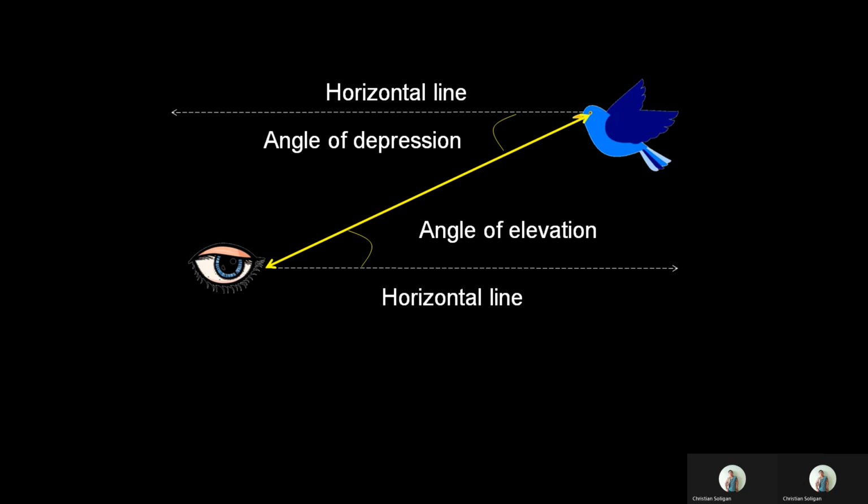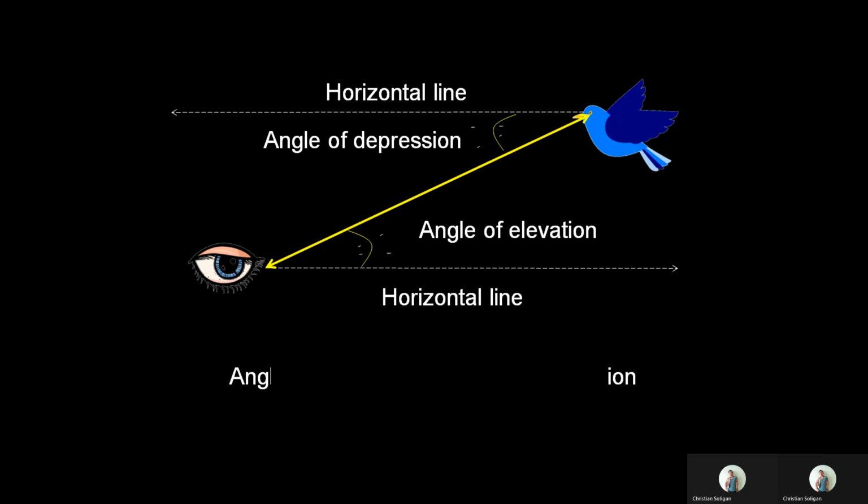Note that both horizontal lines are parallel with each other, and they are cut by this imaginary line called the line of sight. And in geometry, if there are two parallel lines cut by a transversal line, then the alternate interior angles formed are congruent.